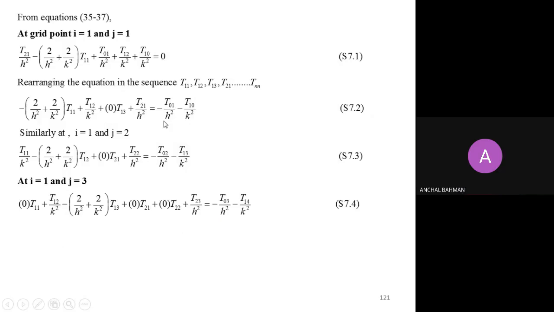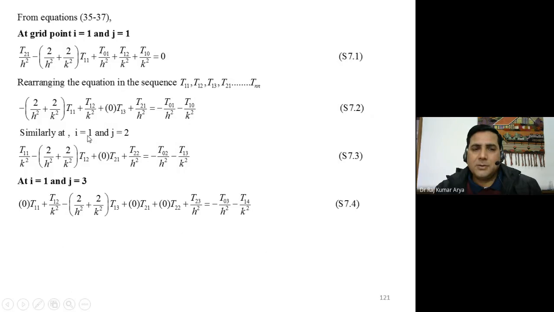Yes, sir. Now you kept your I equal to 1. You have just changed J only. So if you just change J again, you will get another equation, and all known parameters have been kept to this side. So this is wrong here. Actually, T13 is not known.